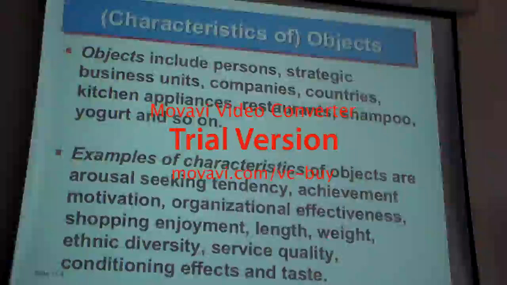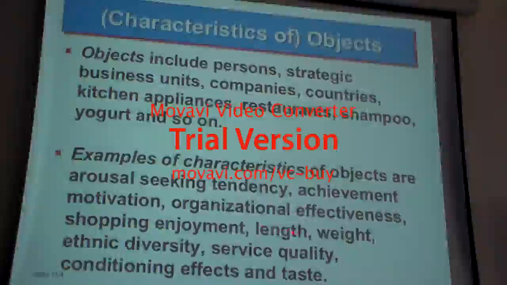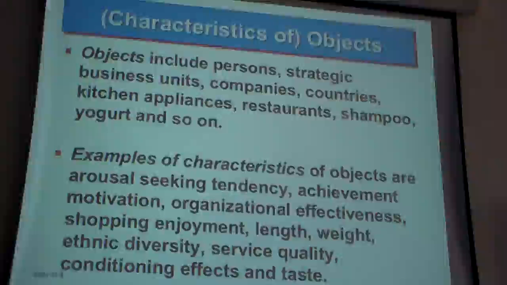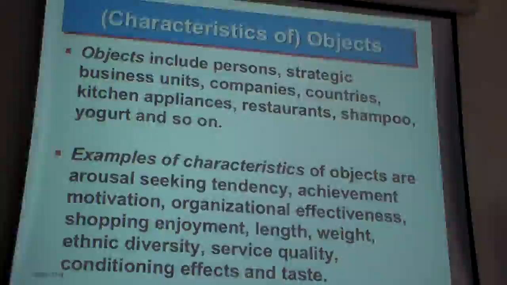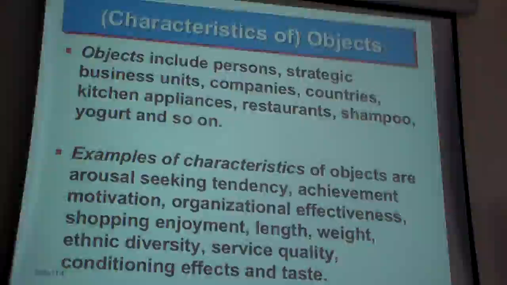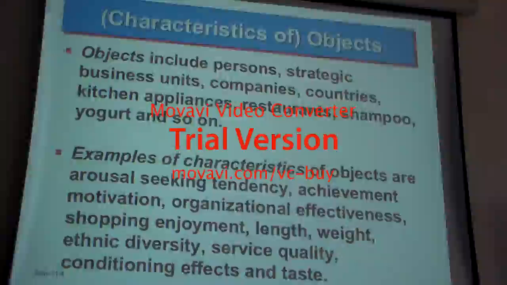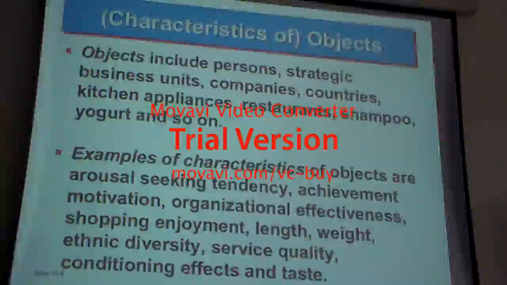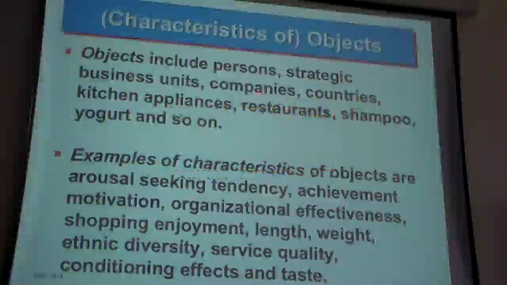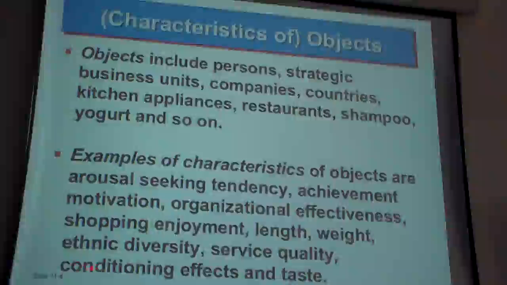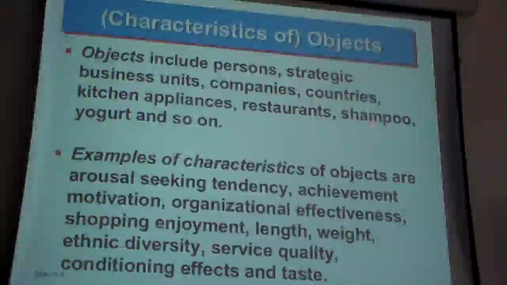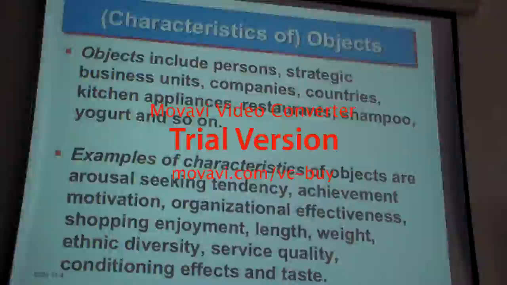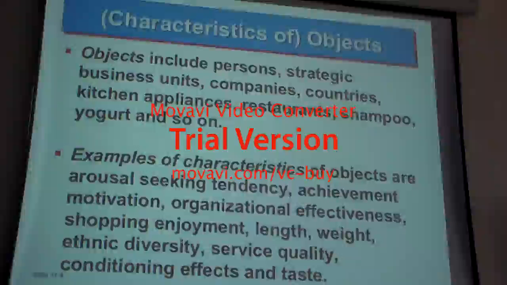Length and weight can be characteristics of persons: how long, and the weight. Ethnic diversity, people from different ethnic groups. Service quality, how the service is in this company, the quality of the service. For a restaurant? Yes, it can be for the restaurant, and also for companies. Conditioning effects and taste: conditioning can be for the shampoo, how it is in conditioning, and taste for the yogurt.